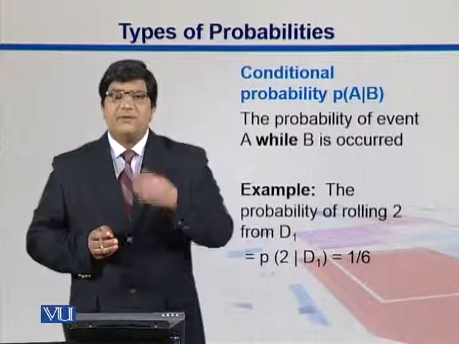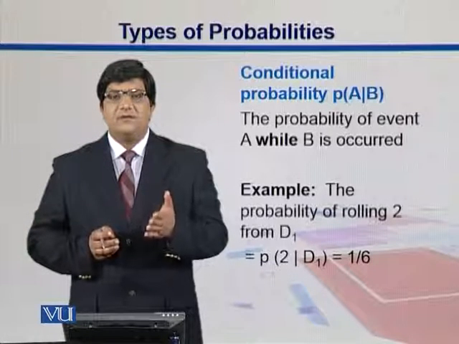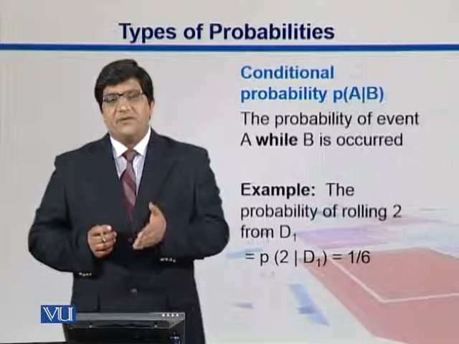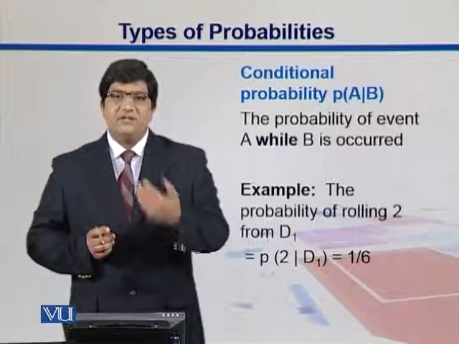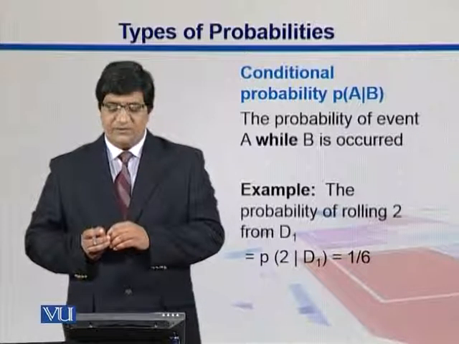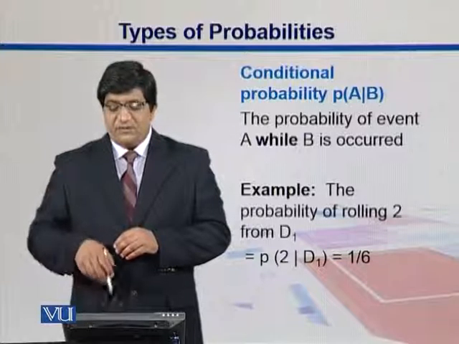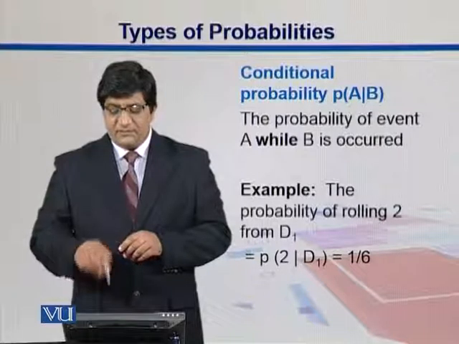You have already picked up D1, right? In this case, you are not getting the probability of 2 and D1. You are getting the probability of 2 given D1. You picked already D1. So within D1, the probability of seeing 2 is obviously 1 by 6. We denote this conditional probability with this sign, this straight line.